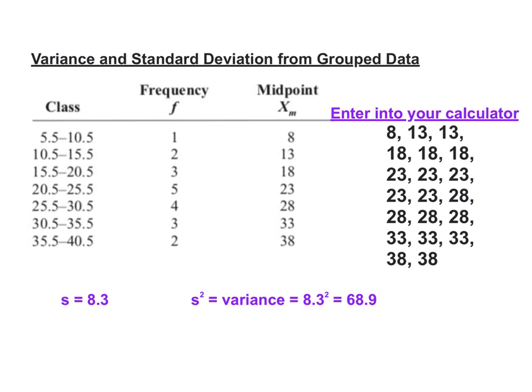So for example, if I listed this in list 1, where it says frequency list, you have to assign that L1. If I enter the midpoints in L2, then you don't have to enter them all in like this, it will actually do the calculation for you, and it will understand that there's 1 8 and 2 13s and 3 18s. If you want to do it that way, you don't have to.